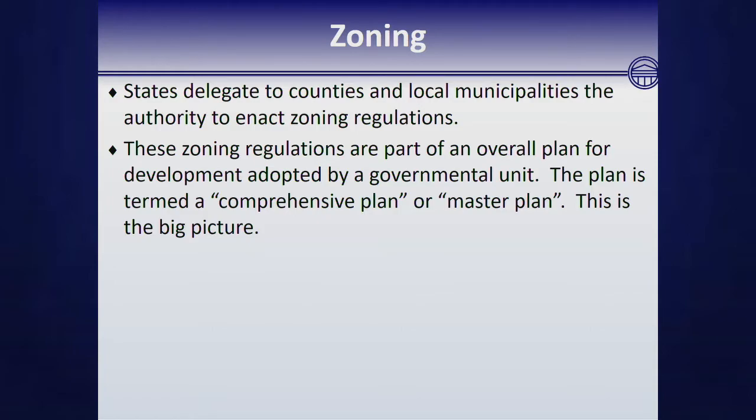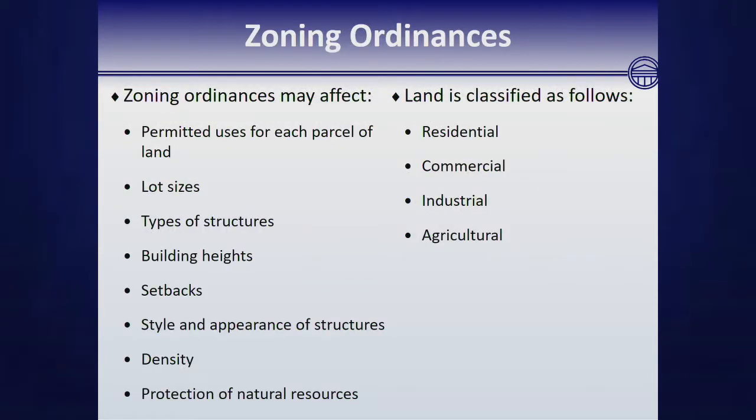Now, the master plan usually includes land use, housing needs, movement of people and goods, and community facilities and utilities. In other words, the comprehensive plan is the big picture, and the zoning ordinance is the details. All right, so speaking of details, here's the next slide. So zoning ordinances can affect lots of different things.